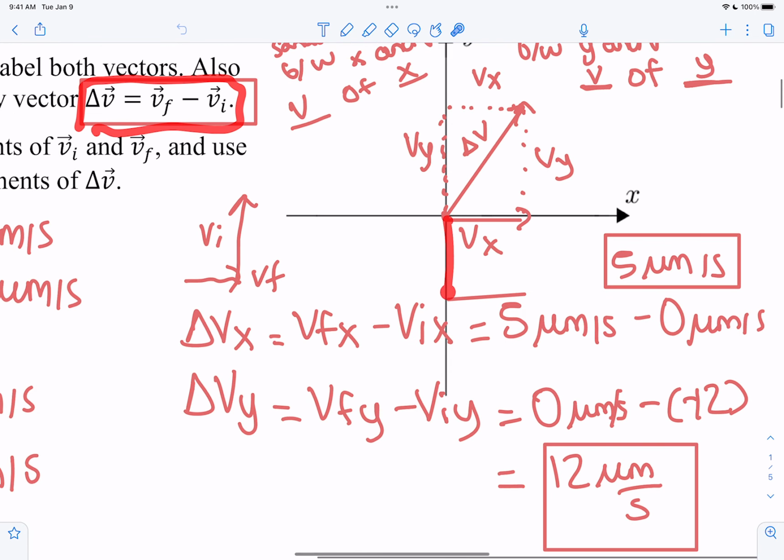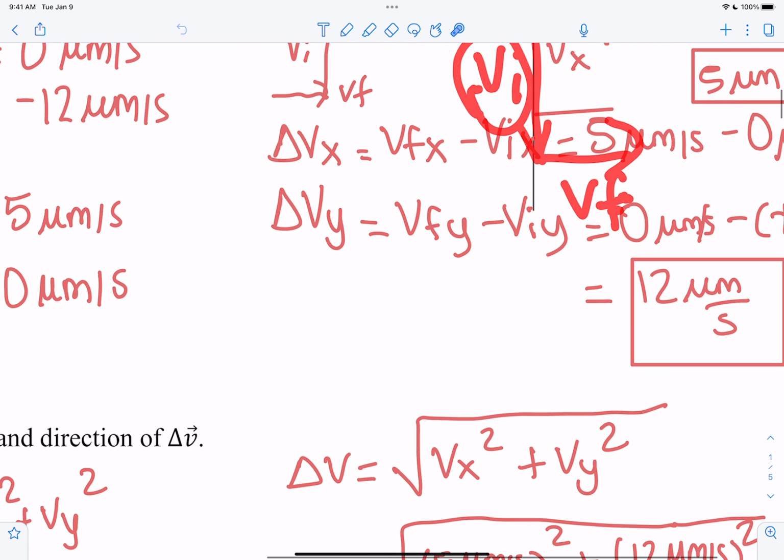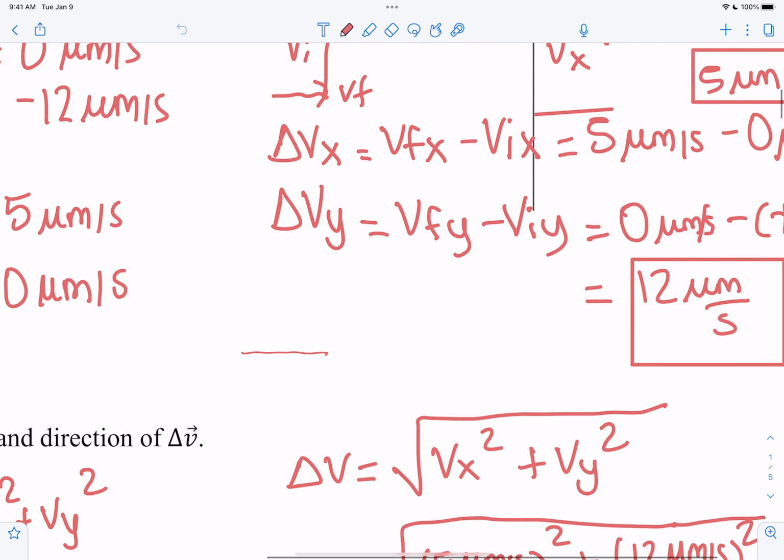So if this was VI and this was VF, I want to figure out VF minus VI. In order to do that, I have to flip the VI vector. If I want to add up VF and VI, it would have to look like this: VF, and then adding the opposite of VI, which is minus VI, it would have to look like that, right?